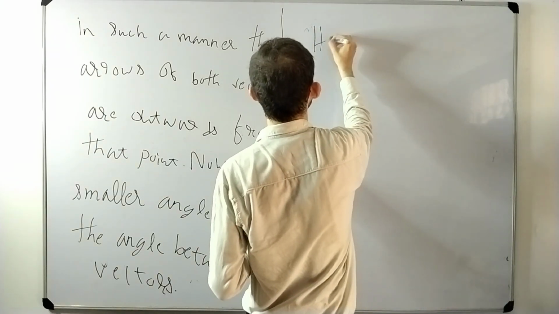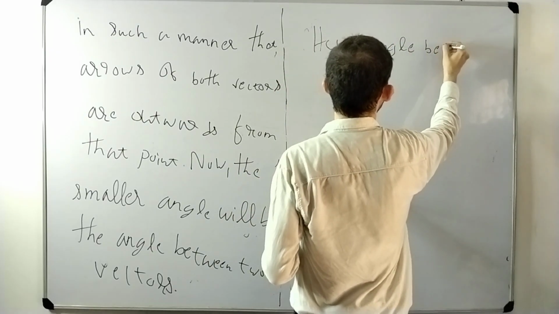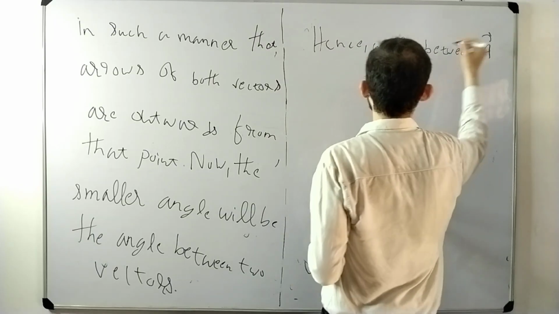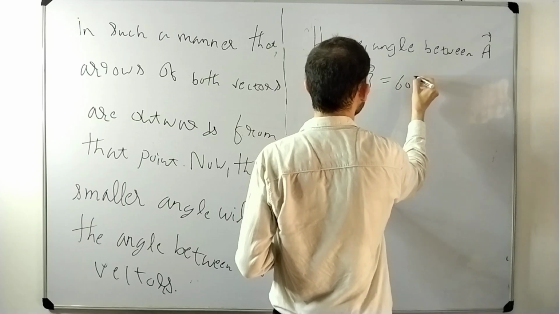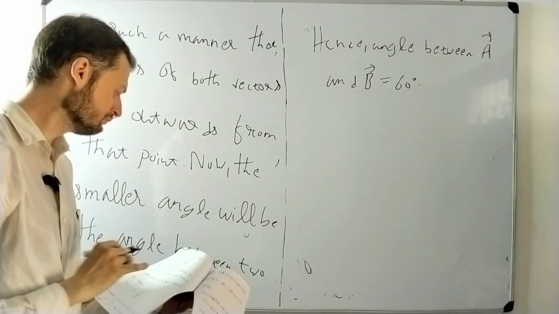Hence, the angle between A and B is 60 degrees.